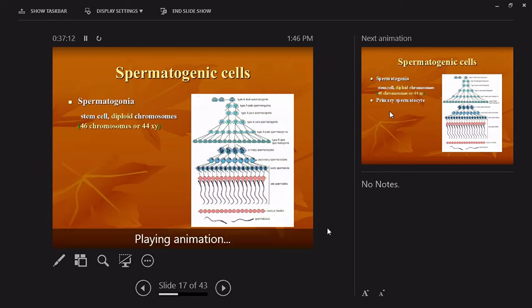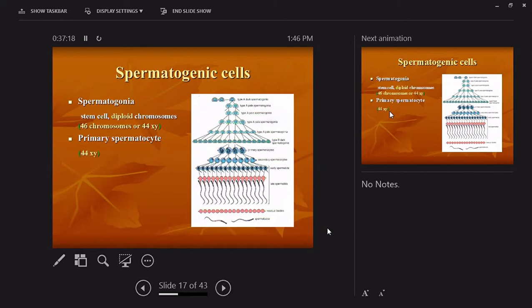Primary spermatocyte, 44 XY, also the same, 46 chromosomes. Secondary spermatocyte, this will now be 22X or 22Y, or haploid. Do not answer 22X and 22Y. It's either X or Y with 22, or you just call it haploid.